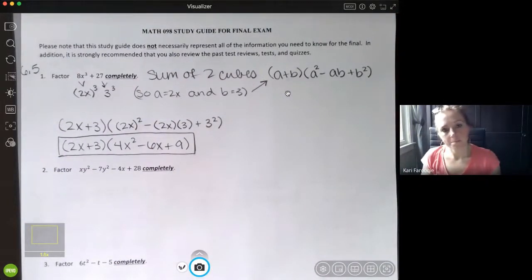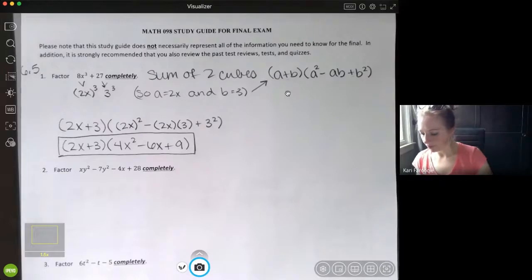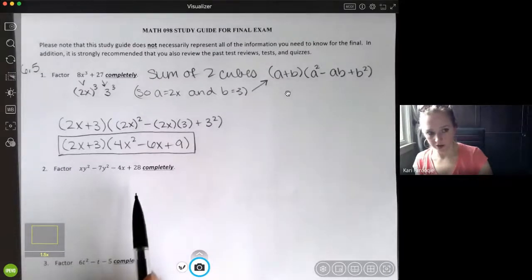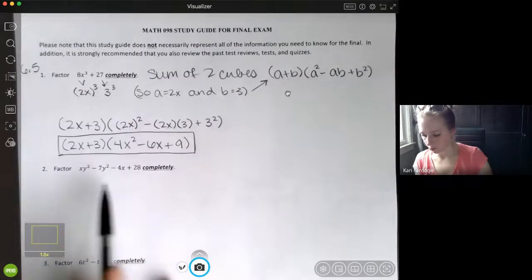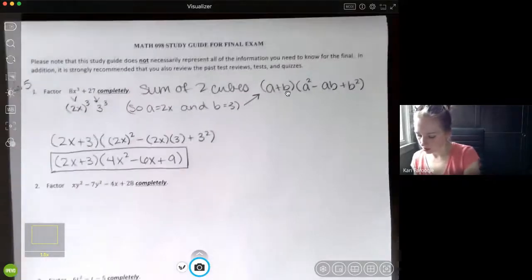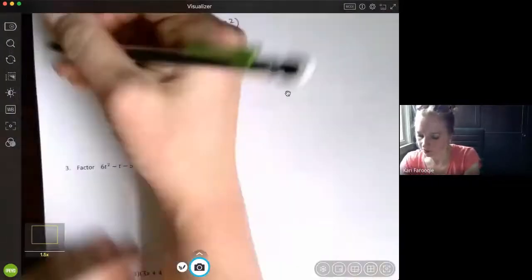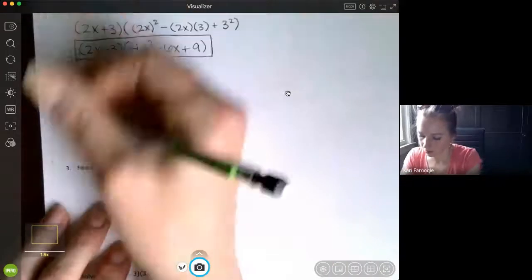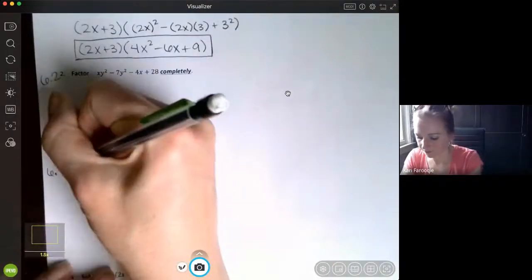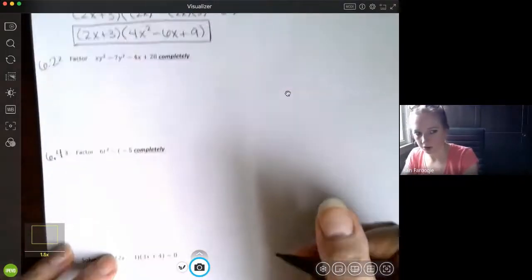Question on that one? Okay. So the factor by grouping, we did another example where we factored by grouping earlier. So that was what, 6.2. This was 6.4.